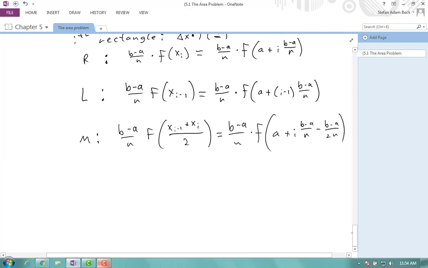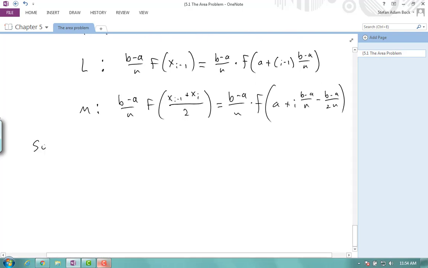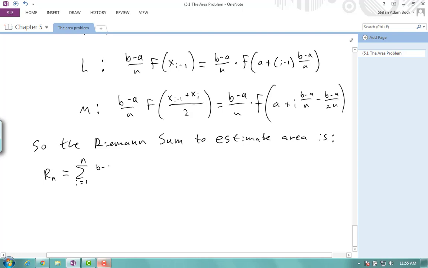So these guys are all called Riemann sums. The Riemann sum to estimate area is, depending on how you choose the right or the left or the middle, R sub n equal to a big sum which looks like this: (b minus a) over n times f of a plus i times (b minus a) over n.